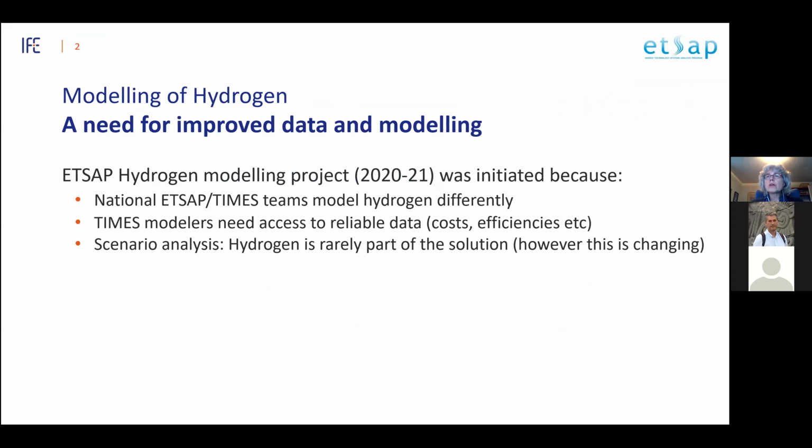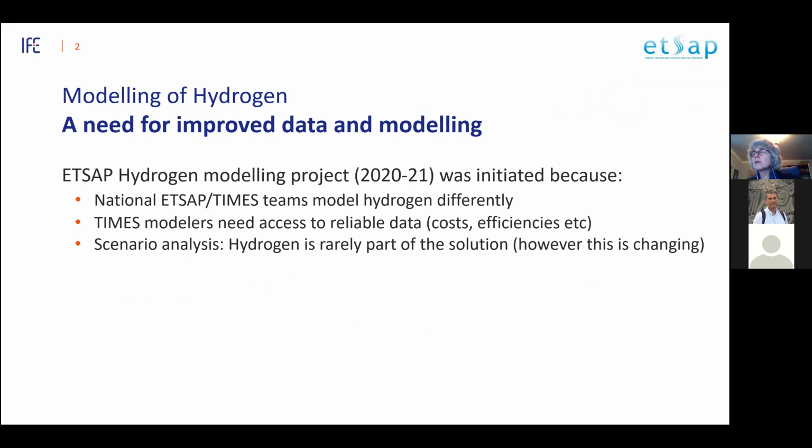So for the hydrogen modeling project that has been supported by ETSAP, it's a 2-year project, and it was initiated because we observed that the national teams model hydrogen very differently. And the TIMES modelers actually need access to reliable data.